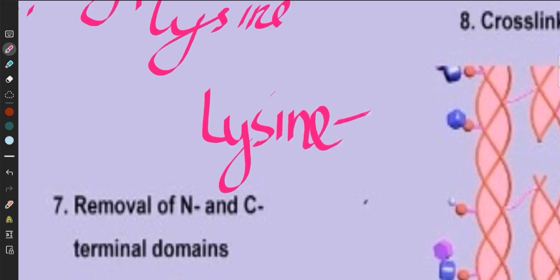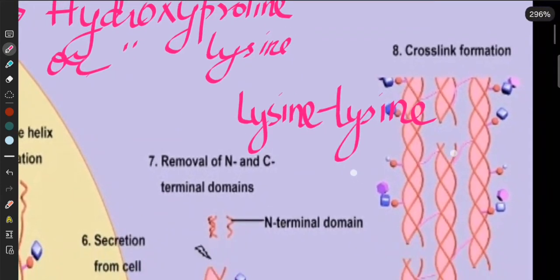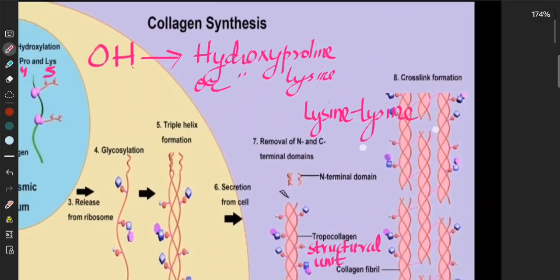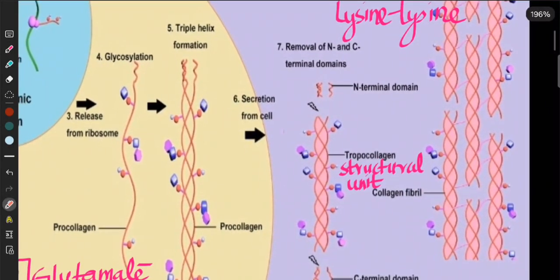Lysine will form cross-links with one another, and then they'll form a long structure called a collagen fibril, right? This collagen fibril, as you can see, will connect with one another and form a long structure. And this will actually be the functional unit of collagen. That means now it is functional, now it can perform some functions, okay?